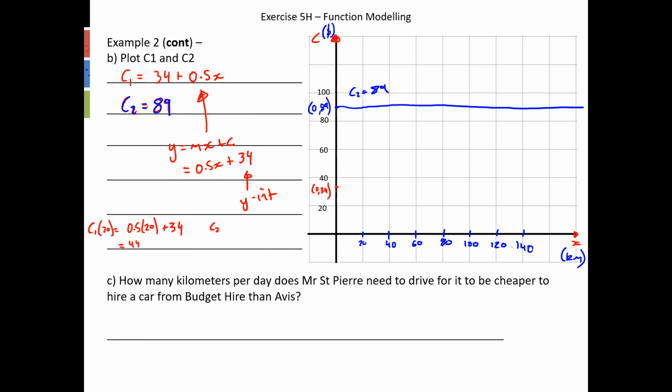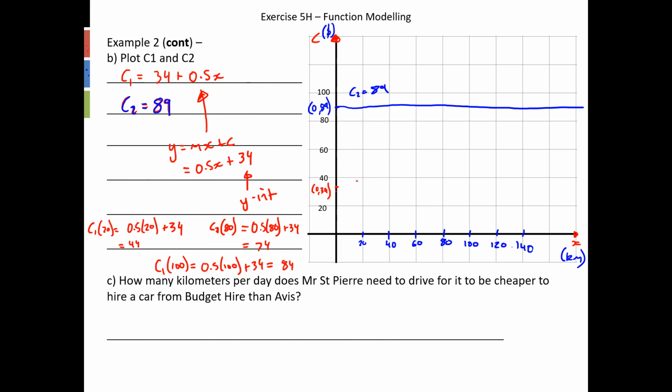Let's maybe put in C1 of 80 is equal to 0.5 by 80 plus 34. 40 plus 34 is going to give us 74. Let's go C1 of 100 is equal to 0.5 by 100 plus 34, which is half of 100 is 50, plus 34 is 84.